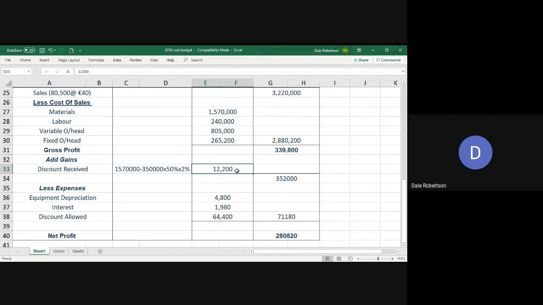I'm just going to recap that again. That is all of your purchases, take out the December ones because we won't receive that discount until next year. You multiply that by 50% because we only get discount on half of our purchases, and you multiply that by the rate of discount, which is 2%, and that is your total discount received.